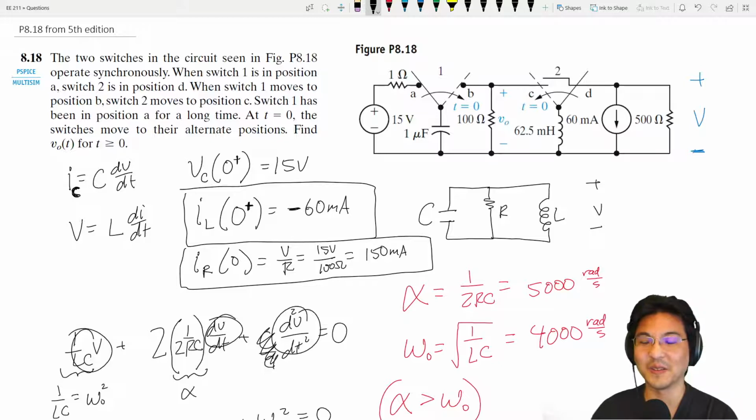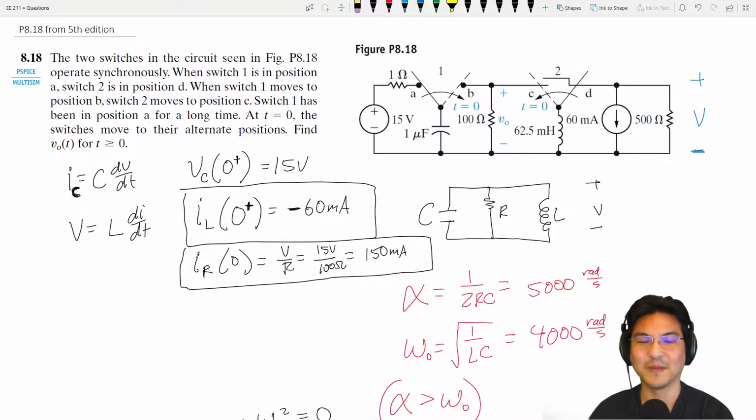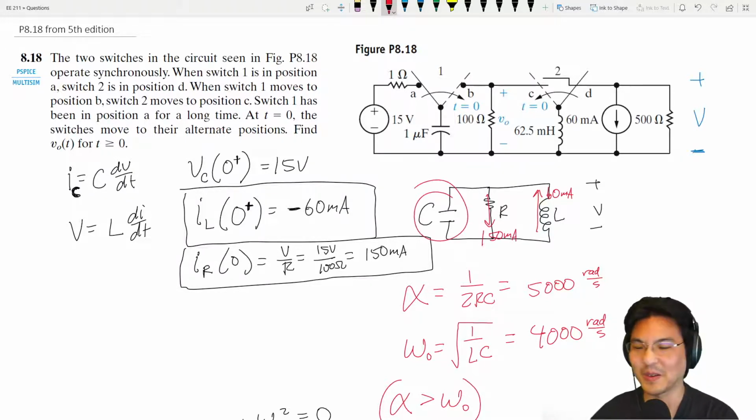Okay, so I know the current through the inductor, I know the current through the resistor, and then just KCL. I mean, if it's 60 milliamps going this way, 150 milliamps going this way, then what's going on over here? It's gotta be 90 going this way, right?